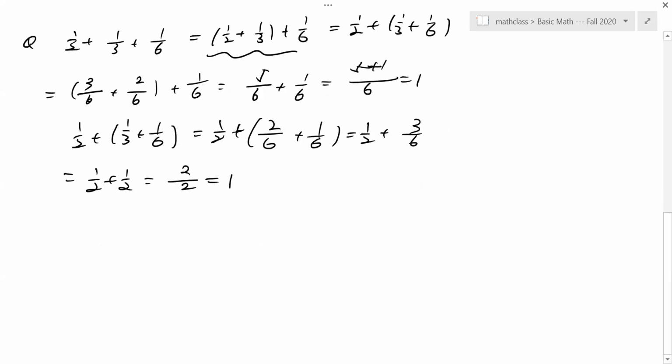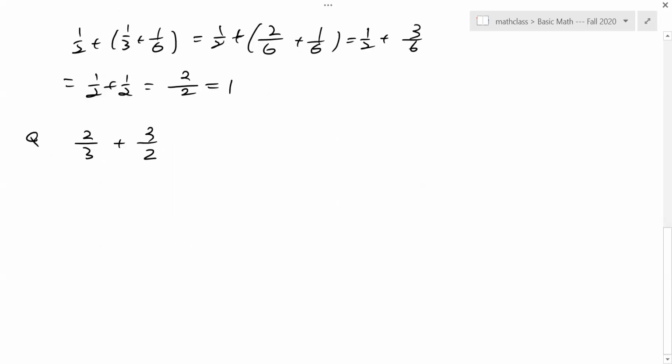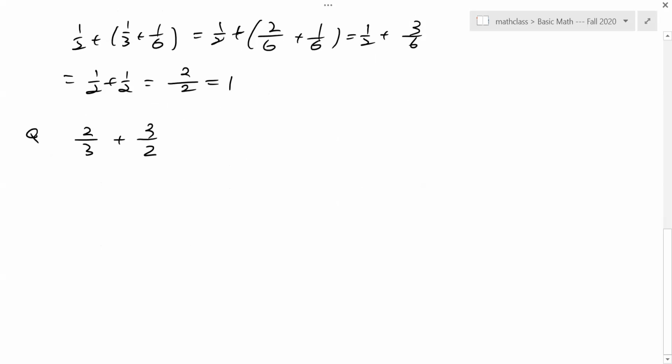All right, are there any formulas we can use, right? 2 over 3 plus 3 over 2, for example. Well, we usually try to get a common denominator, right?